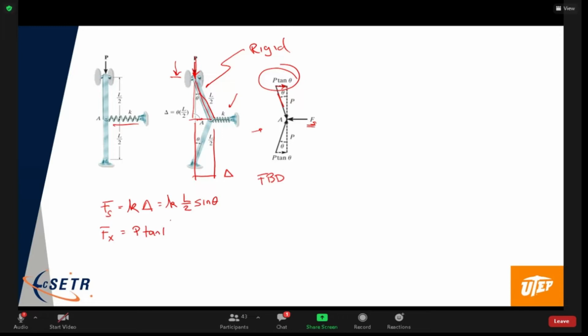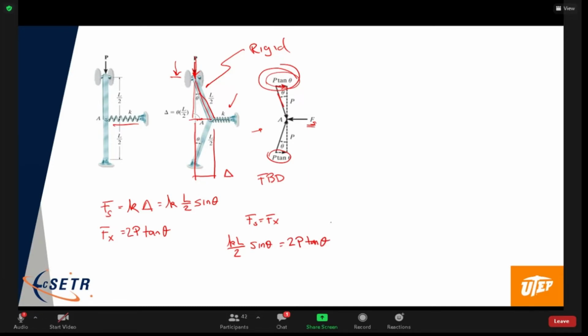We see two of those because we have the force from the link at the top and the bottom, so I'm going to put a 2 there. If this is in equilibrium, they're balanced. And that gives us KL on 2 sine theta equals 2P tan theta.